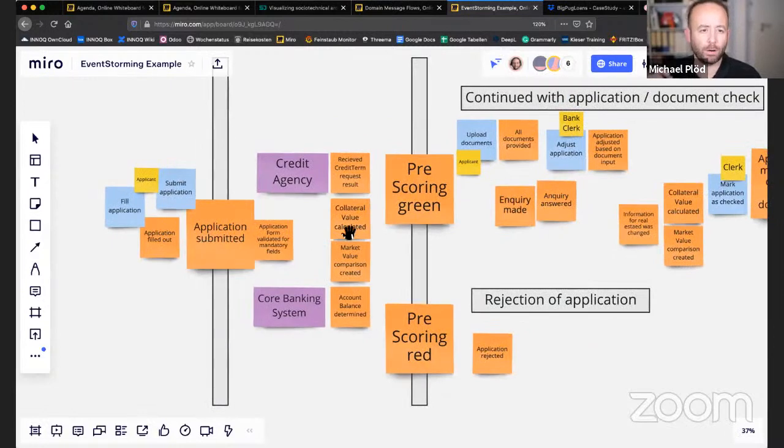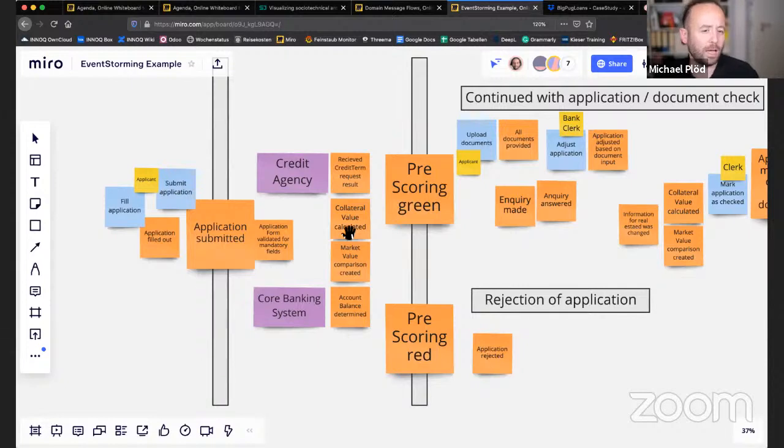After that, we go into a first step of scoring called the pre-scoring. This scoring runs on the information provided by the applicant. So when I say I earn, let's say, 20,000 euros, the pre-scoring believes that.